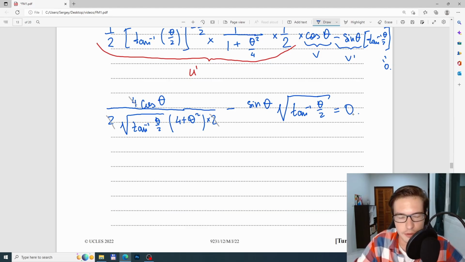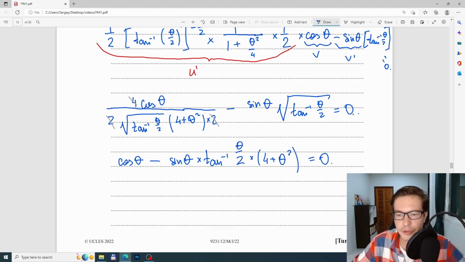What do we get? Cosine theta minus sine theta times the square root, and the square root will cancel out. It becomes square root squared, so it's the inverse tangent of theta over 2. We also got 4 plus theta squared. And all of this equals 0.